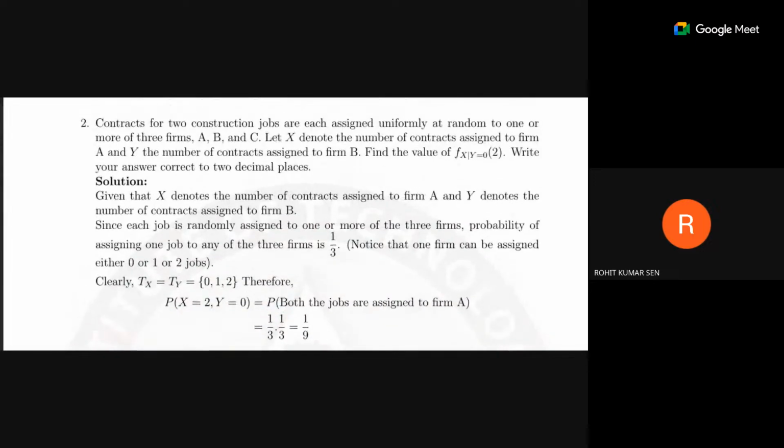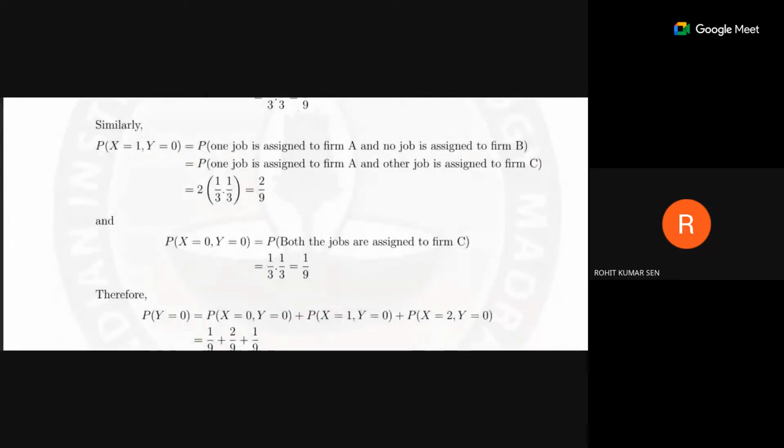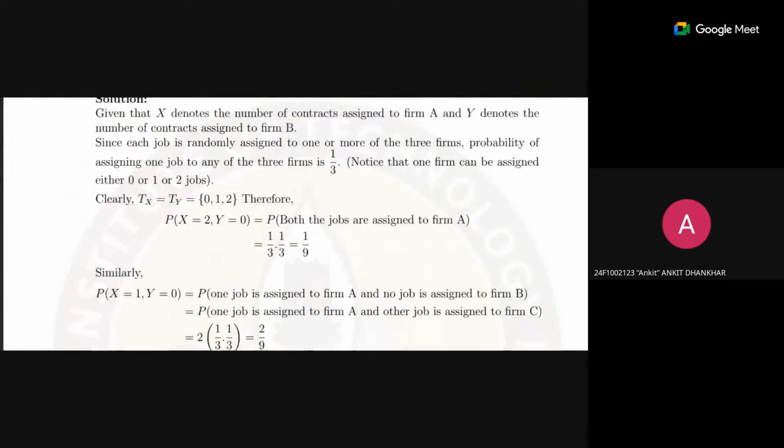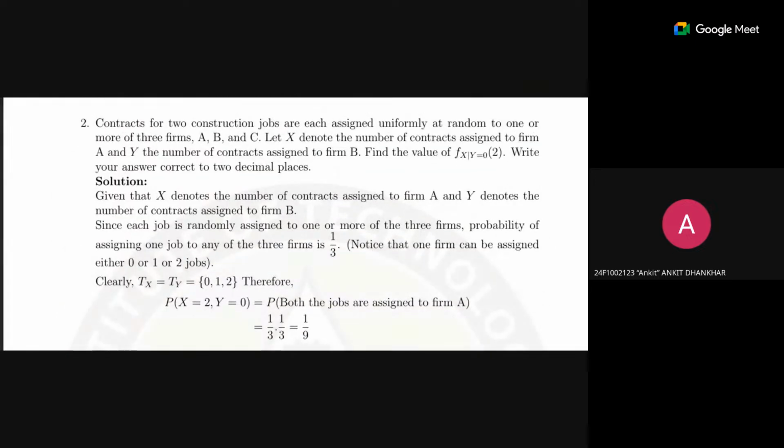So what didn't you understand in this question? How is it written in the joint probability, that is P of X equals 2 and Y equals 0? You need to see different cases. X denotes the number of contracts assigned to A, Y denotes the contracts assigned to B. My specific doubt is why it's taking 1 by 3 into 1 by 3.